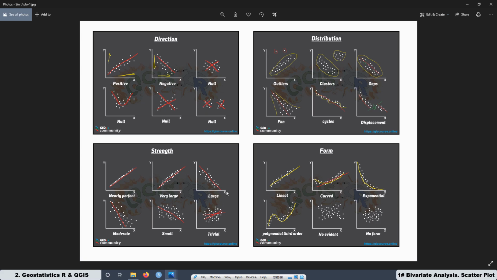Then we are going to be talking about regression, coefficient of correlation, and we are going to see also the trend. It is going to be just a general view, right? An introduction, because we are going to see all these concepts in different lessons in this course, but just to start and to have a little bit of an idea about the information that we can get in the scatter plot.